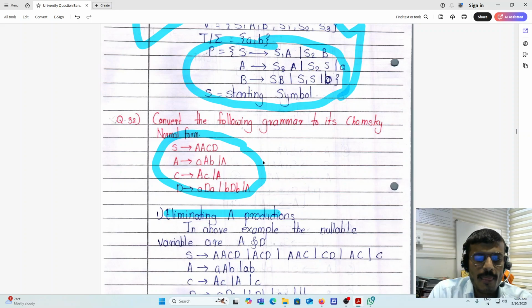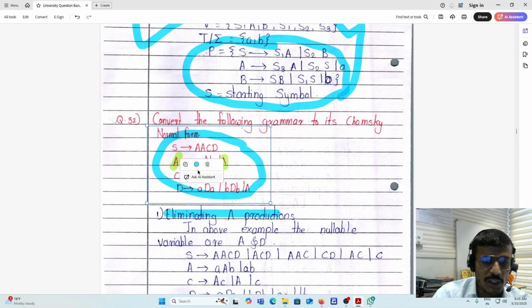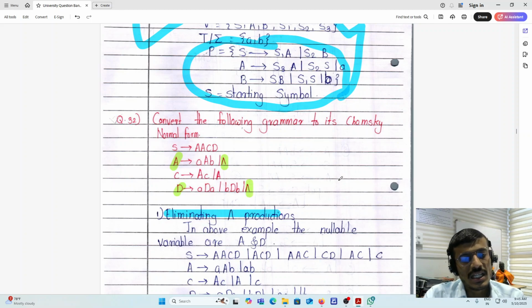If you see the null productions, which are there? By observation you can see A tends to null, that is the null production, which means A is a nullable variable. Again, D tends to null, so that is again a nullable variable.